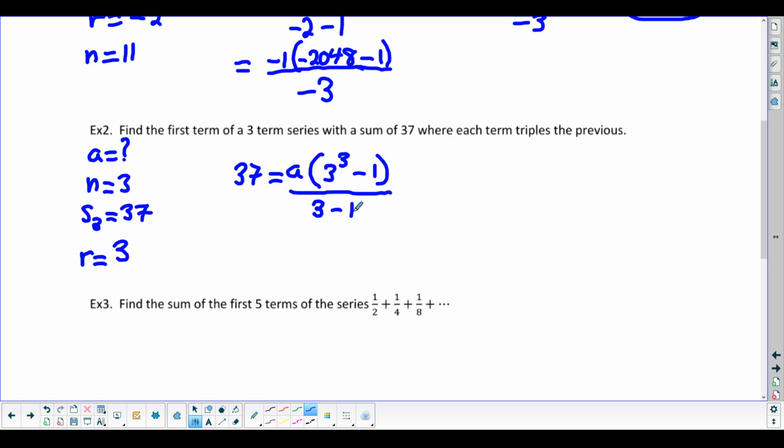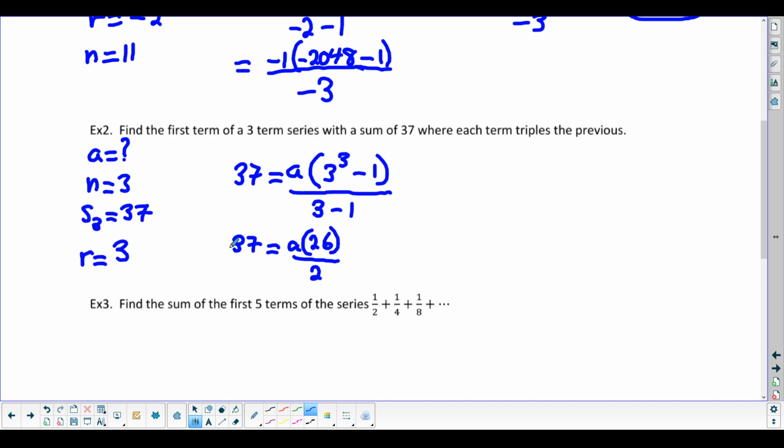Okay, so let's work on simplifying this into a nice fraction first, and then we'll go from there. So we get 37 equals A. On the top here, we're going to get 3 cubed. That's 27 minus 1. So we're going to get a 26 over 3 minus 1, 2.